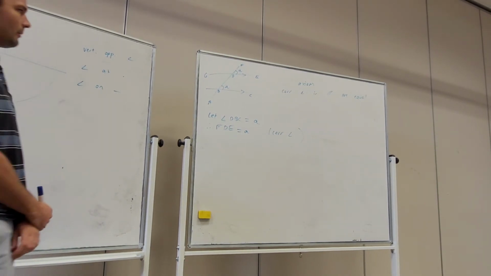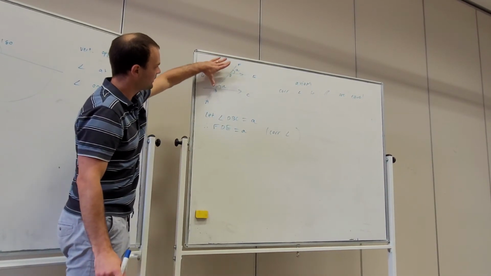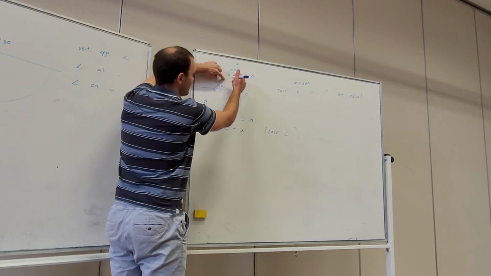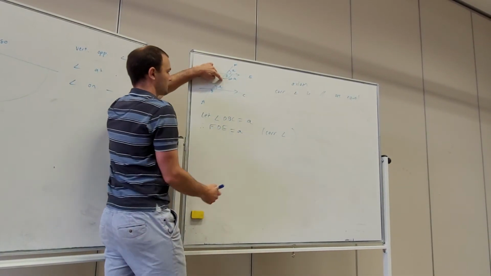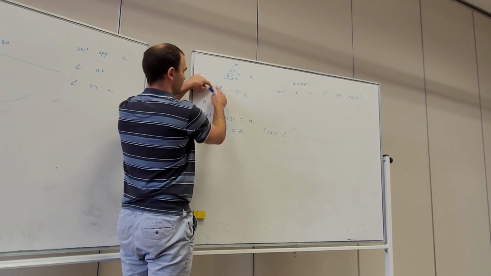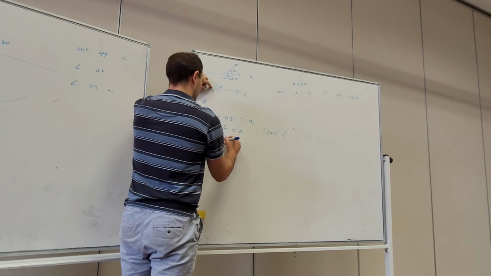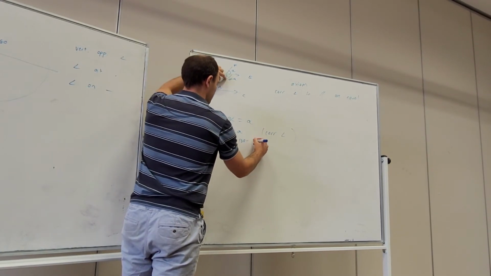All right, but now we can see that this line here, F through D through B, is a straight line, which means this angle in here is going to be 180 take away alpha. So let's make that statement. Angle BDE is equal to 180 take away alpha.